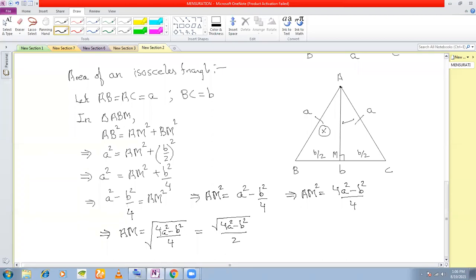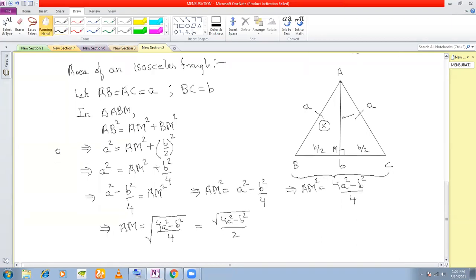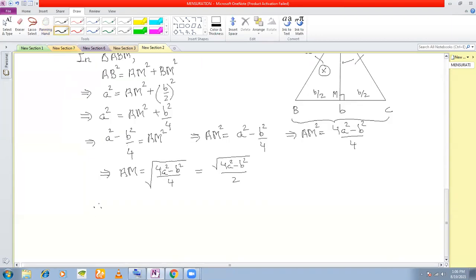So now we know the height also, and now we also know the base of the triangle. Therefore, what is the area of the triangle ABC? Half base into height. Base here is BC, height is AM. So half into base BC is B, and above AM, how much have we found out?